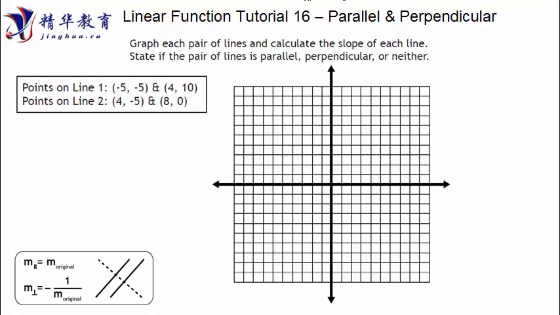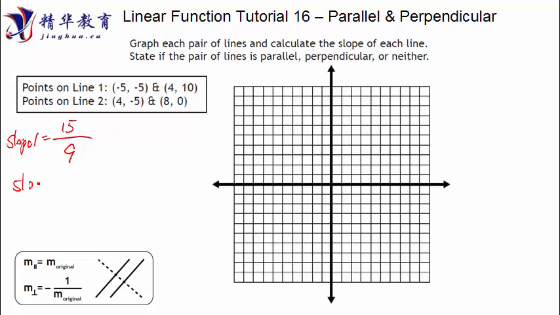Let's graph this one. Before we graph it, let's guess. Let's find the slope first. 10 minus negative 5, which is 15, over 4 minus negative 5, which is 9. The slope 1 equals 15 over 9.